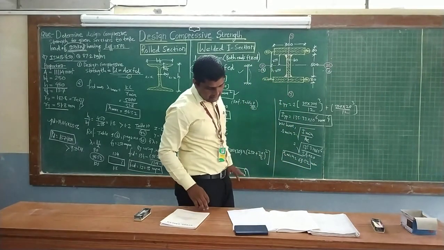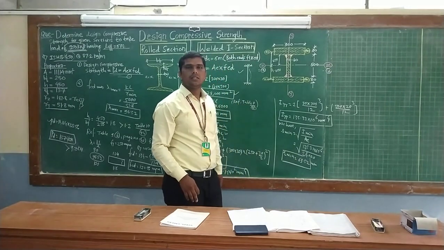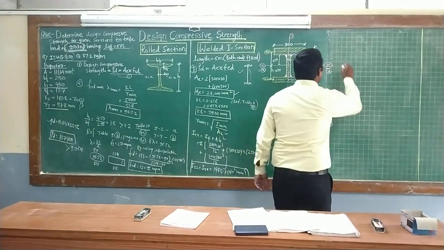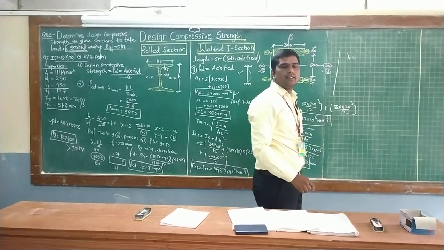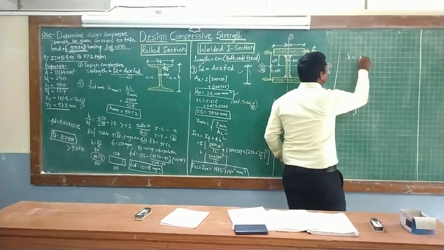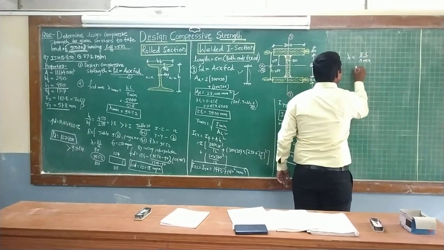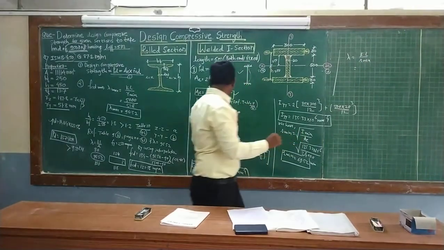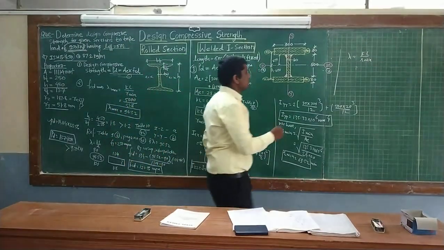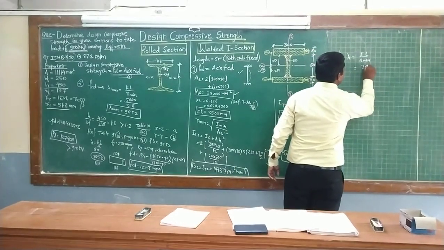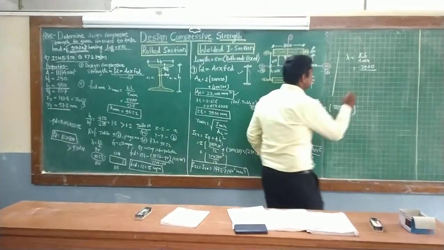So after determining this r minimum 69.52, next is to find out the value of slenderness ratio, that is lambda is equal to KL divided by r minimum. So already we have found out KL, the effective length, is equal to 3900 divided by r minimum, which is 69.52.